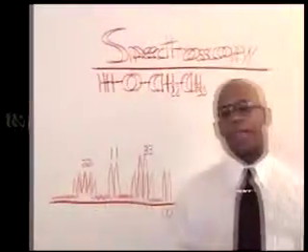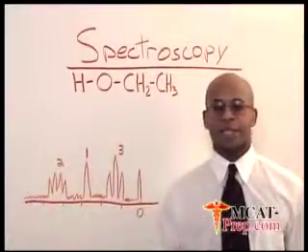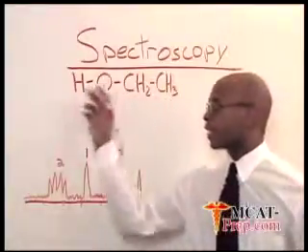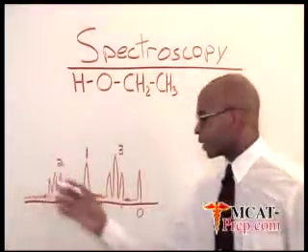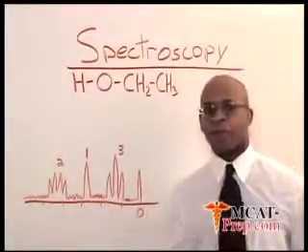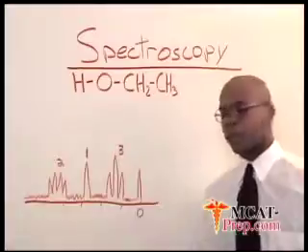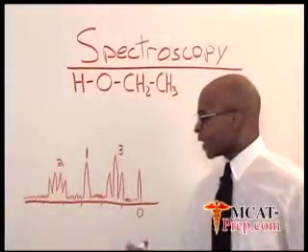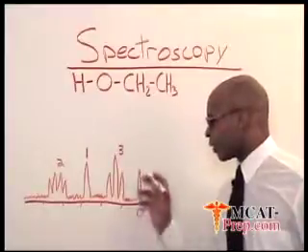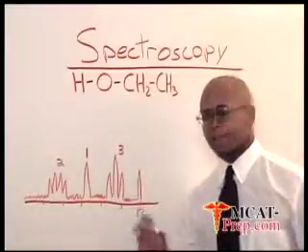We will now look at the nuclear magnetic resonance for ethanol. So here is ethanol, it's an alcohol, and this is the nuclear magnetic resonance. This is the graph that we would get after ethanol was analyzed. We have a particular peak at 0.